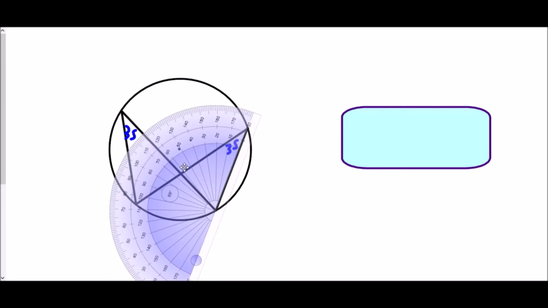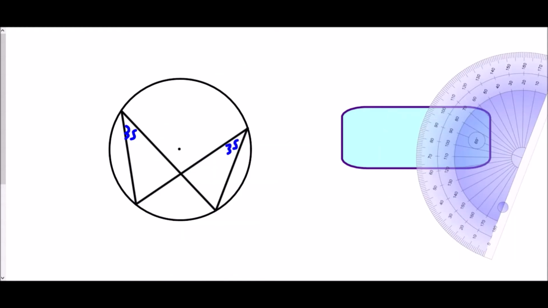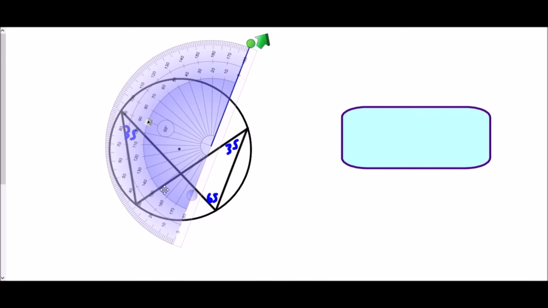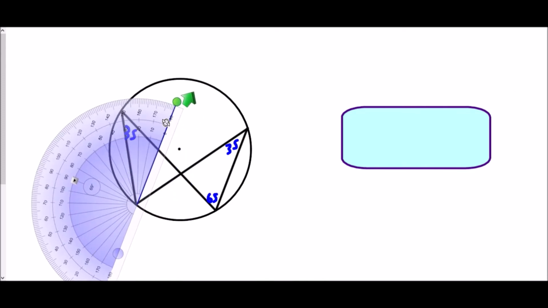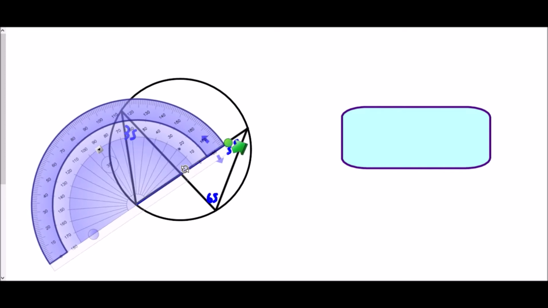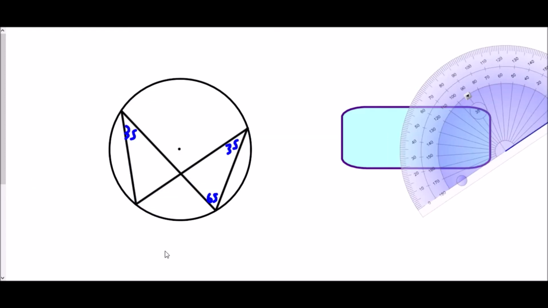So there we have, in this case, 65 degrees at the bottom. And if I measure the same angle in the other triangle, down at the bottom, well, once again, I have 65 degrees.